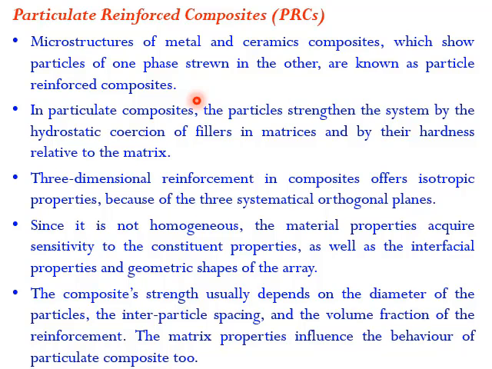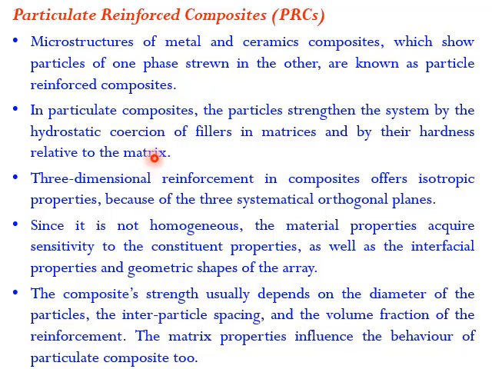Okay, so a method called powder metallurgy is used to form a particle reinforced metal matrix composite, where we take the matrix and reinforcement in the form of particles in powder form, and they are compressed and sintered at a high temperature to give strength to the ceramic or metal matrix composites.